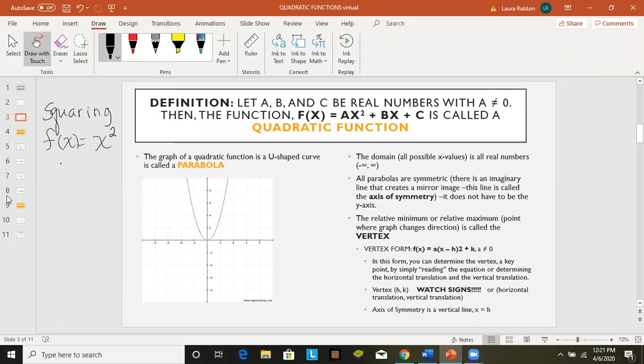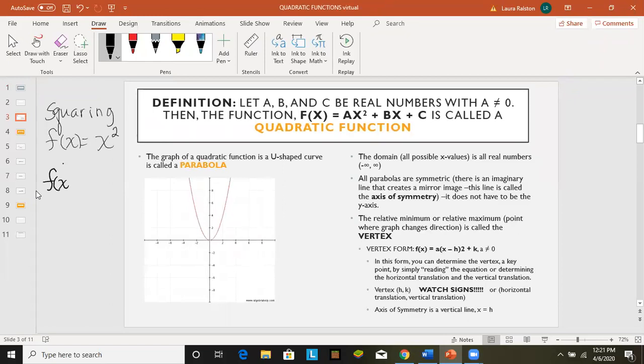Okay, and we also talked about the format where you have f of x equals a times (bx minus h) squared plus k, where we could use our transformations of graphs to move the basic squaring function left or right, up or down.